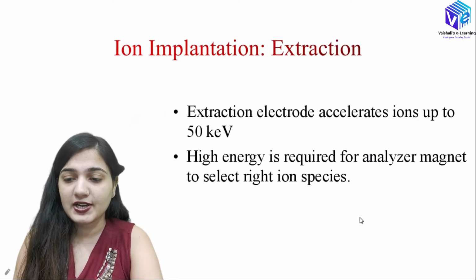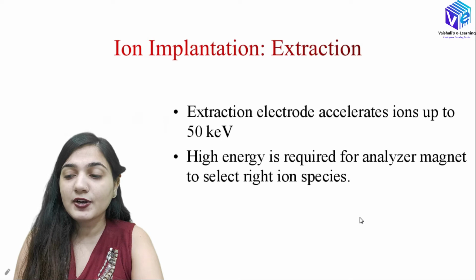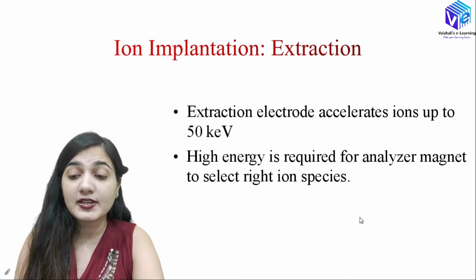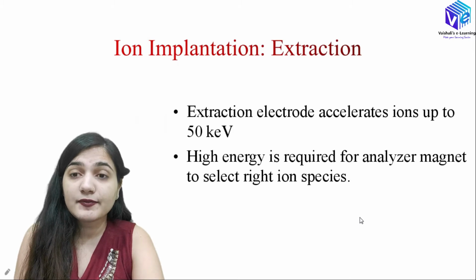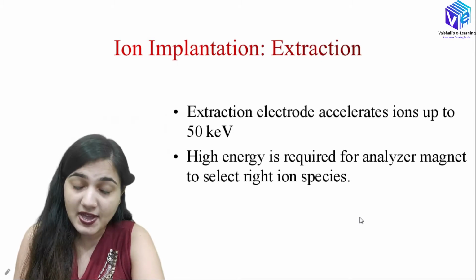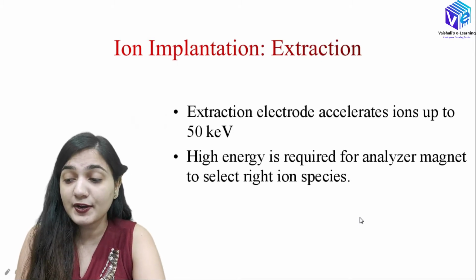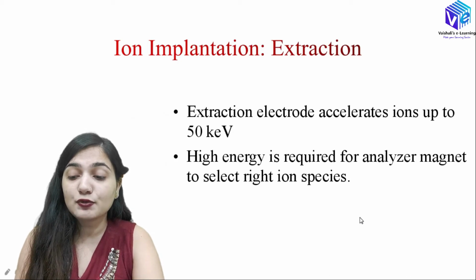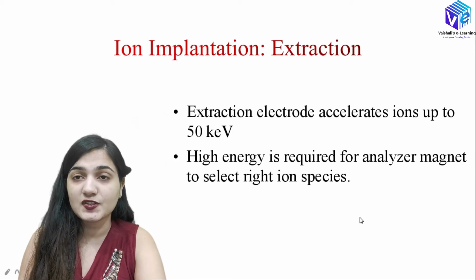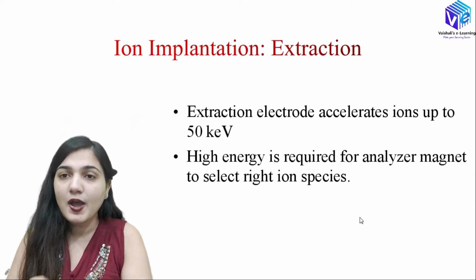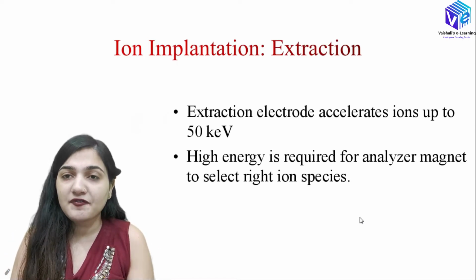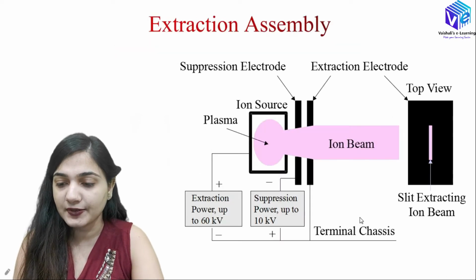Now coming to the extraction. The extraction electrode accelerates ions up to 50 kilo electron volt. You can see this is a very high power. Very high energy is required for the analyzer magnet to select the right ion species. It needs to select which ions should go and hit the particular wafer surface. For that I require some high energy.